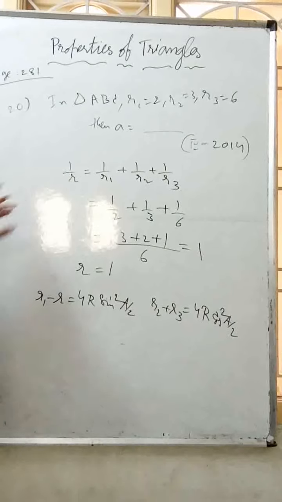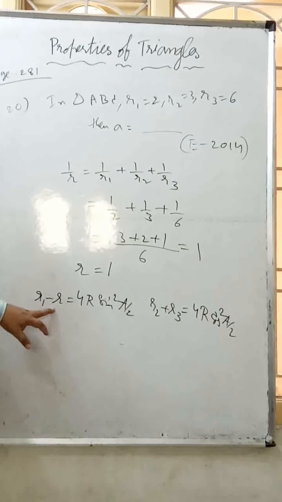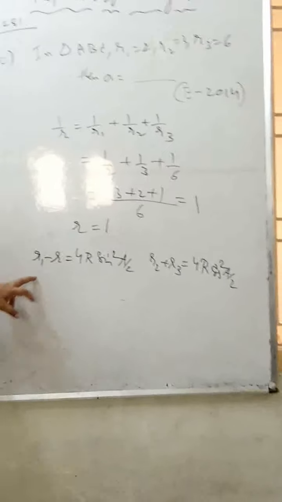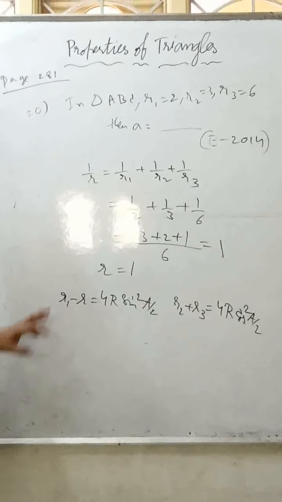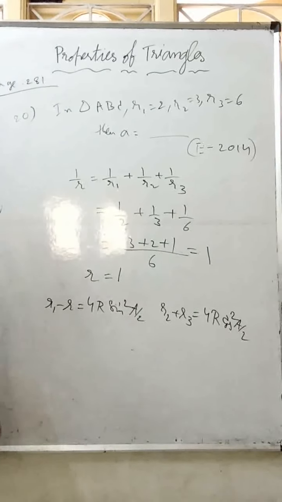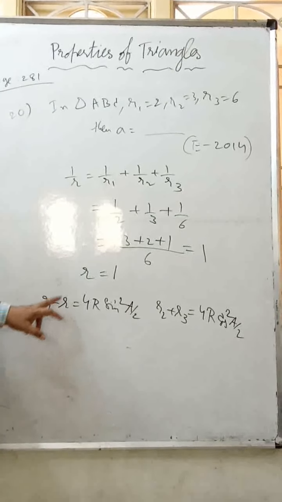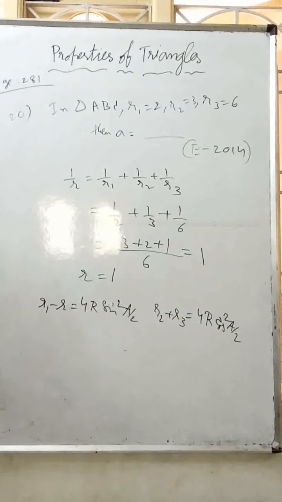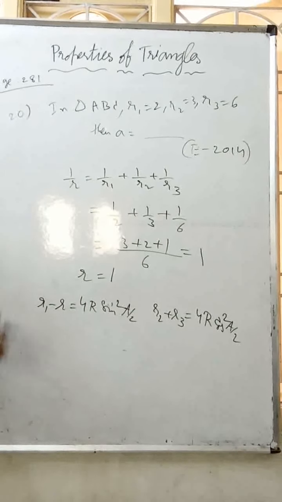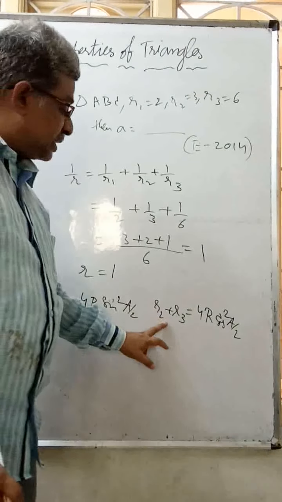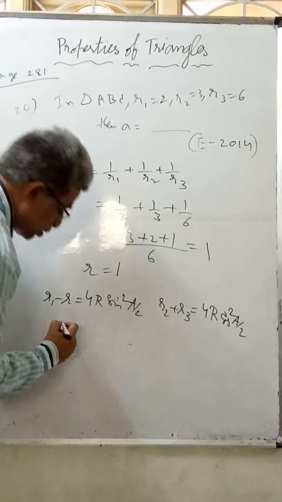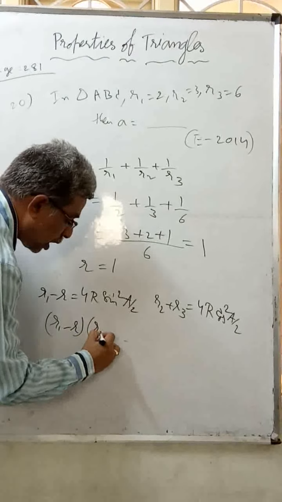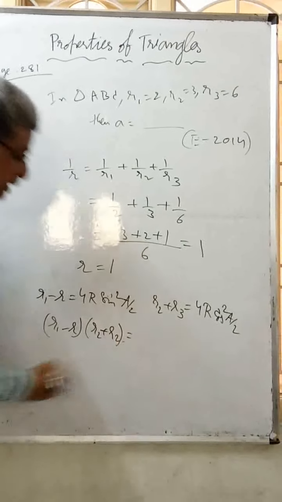Previously we discussed that R1 minus R is 4R sin square A by 2, R2 minus R is 4R sin square B by 2, R3 minus R is 4R sin square C by 2. And R2 plus R3 is 4R cos square A by 2. Like this we will get. So if I multiply these two, what do I get? R1 minus R into R2 plus R is equal to how much, I will derive.